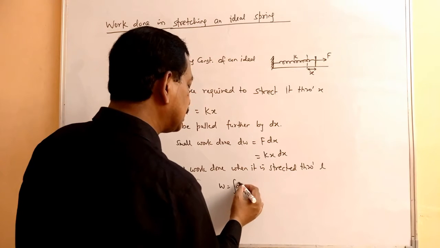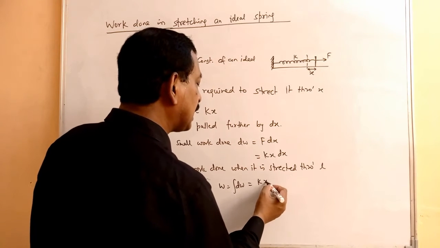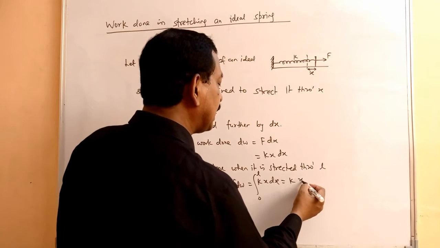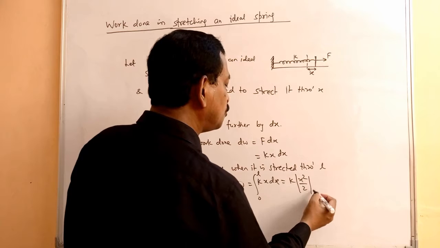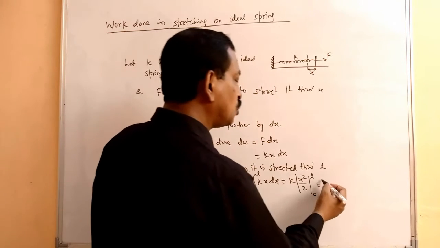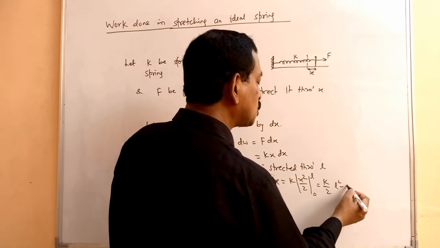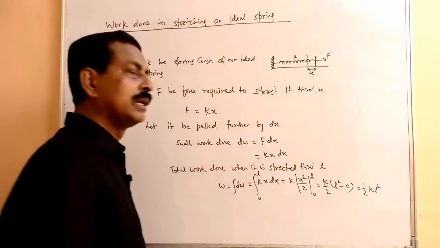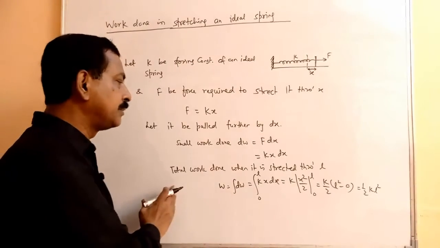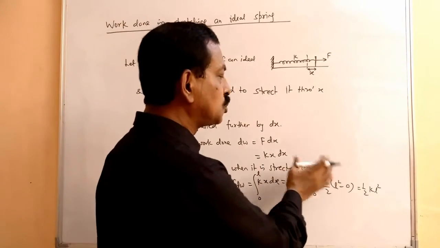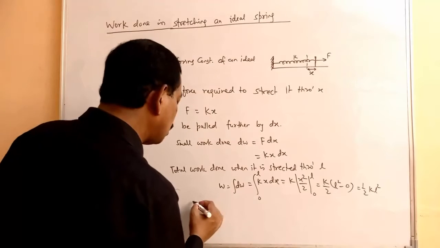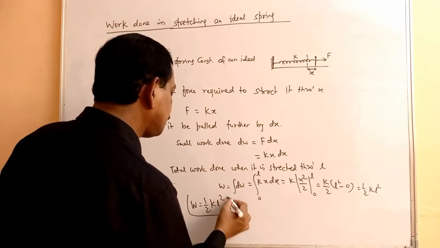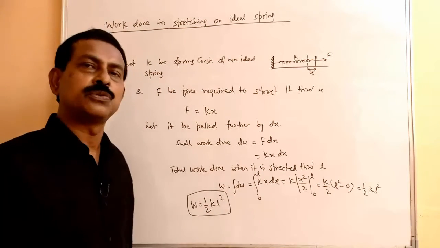Total work done will be the integral of this dW, which is Kx dx, integral 0 to L. So it is K, x squared by 2, 0 to L. And that is K by 2, L squared minus 0, or half K L squared. This is the expression for work done when the spring is stretched through L. So W is equal to half K L squared. This is the expression for work done.